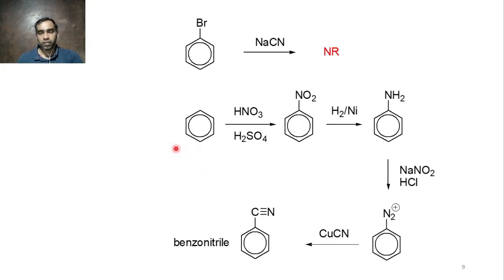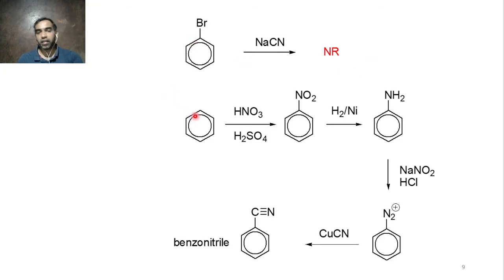These are some of the synthetic reactions which you can do by making use of benzene diazonium chloride. So you can see, if you want to convert benzene to cyanobenzene, you can't do it by simple conversion. It is too difficult. Suppose we have bromobenzene, you just react with sodium cyanide. No, because nucleophilic substitution doesn't take place here.